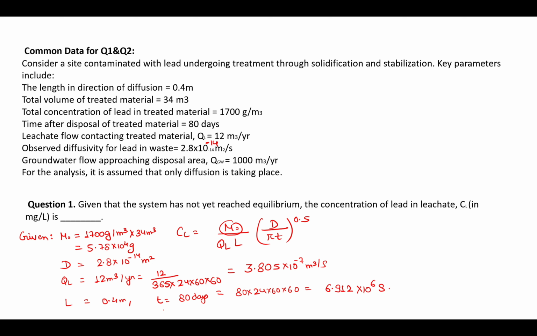So we have got everything: M naught, D, QL, L and t. Now we just have to put it in the formula. Let me change the slide.